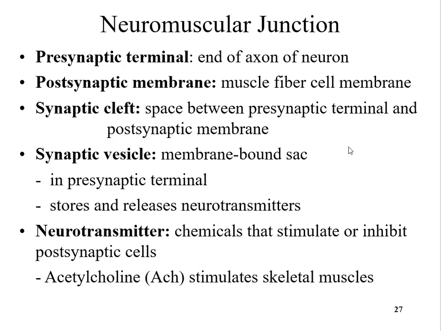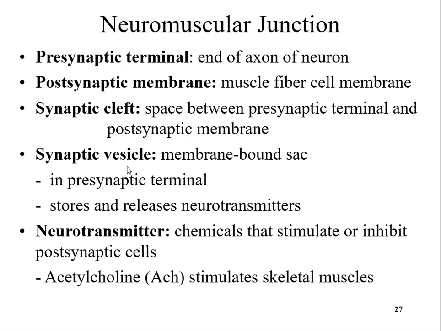Remember, exocytosis is when a cell releases a large amount of a substance through vesicles. Vesicles that contain something fuse with the cell membrane and dump their contents out of the cell.